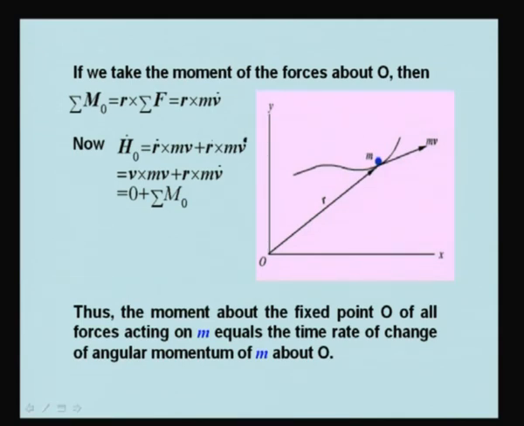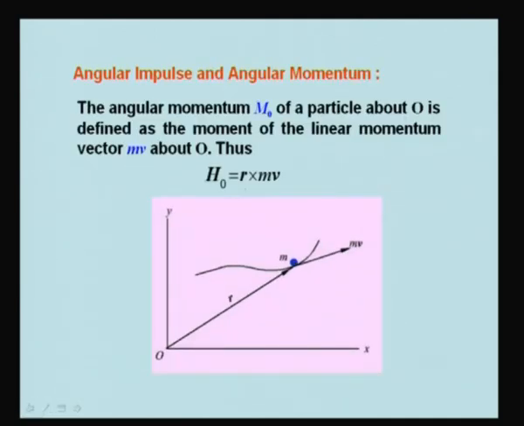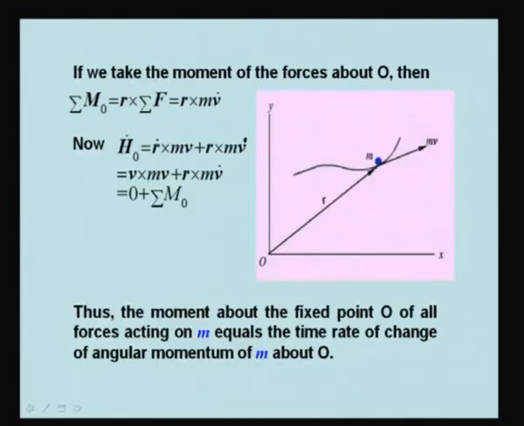R dot is nothing but v, the velocity. So we have v cross mv plus R cross mv dot. Now, v cross mv is the cross product of a vector with itself, which is 0.